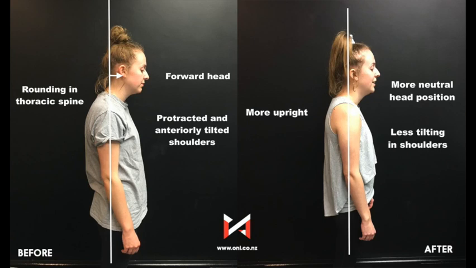How you get all these tight and weakened muscles can be by poor posture or a sedentary lifestyle. Proper alignment is when the neck is over the shoulders, so you'll have your ear in line with your shoulders.